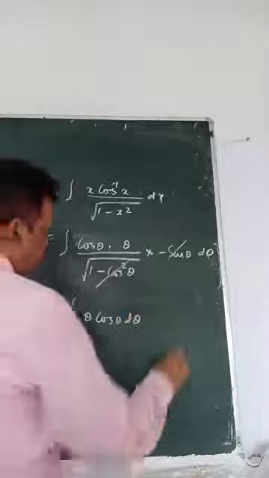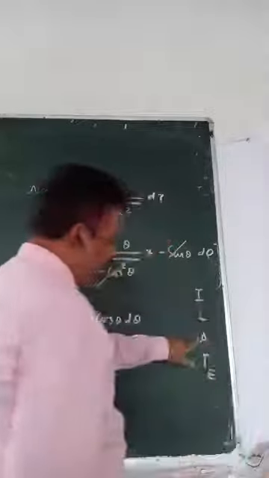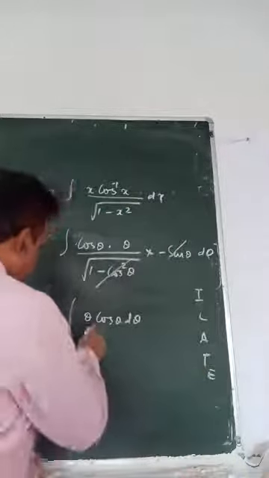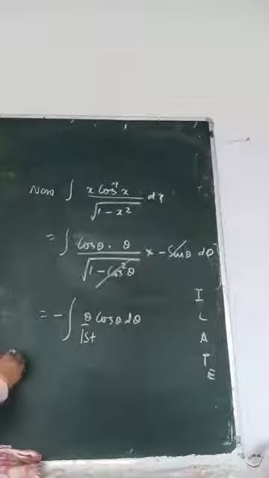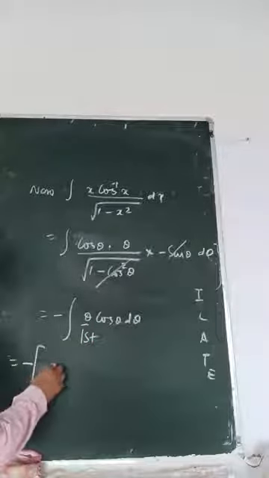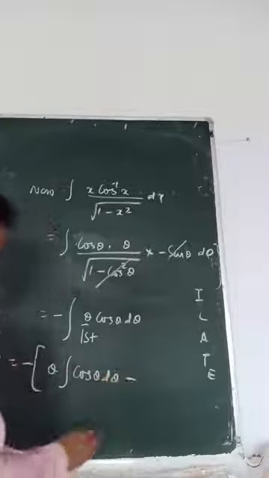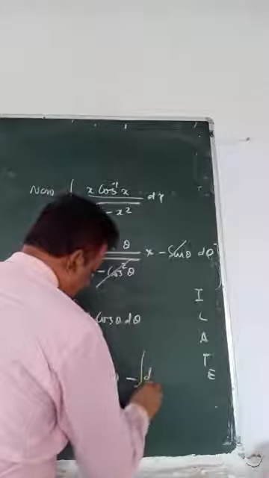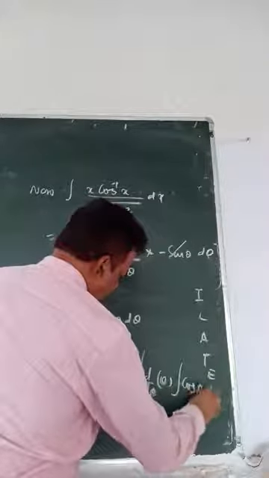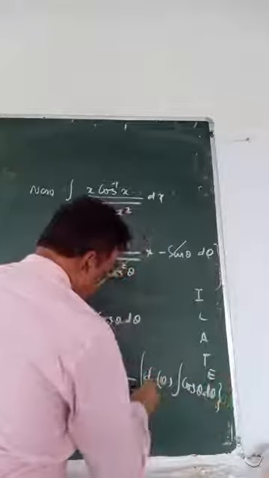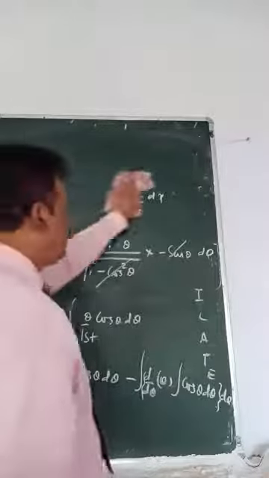Just like previous question, I take first algebraic then trigonometric. So first is theta. So first function, integration of cos theta, minus integration of derivative of theta, integration of cos theta. Okay, so what is the conclusion now?